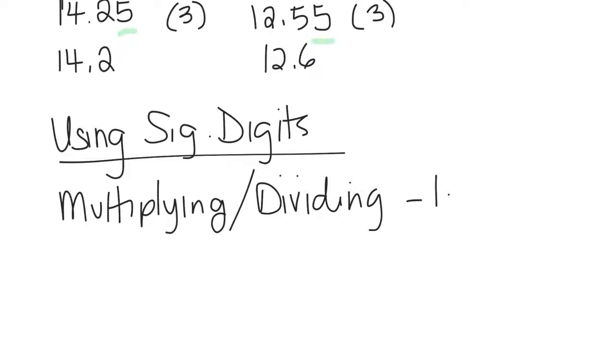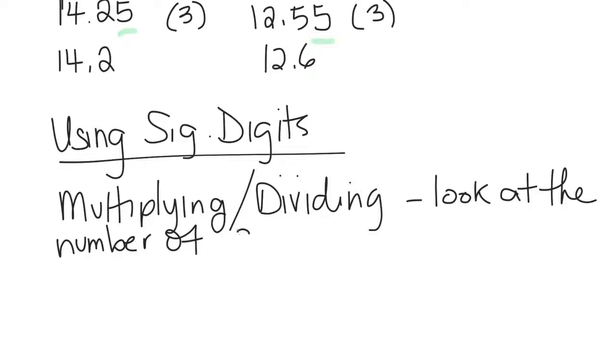So you're going to look at the number of significant digits in the initial data.